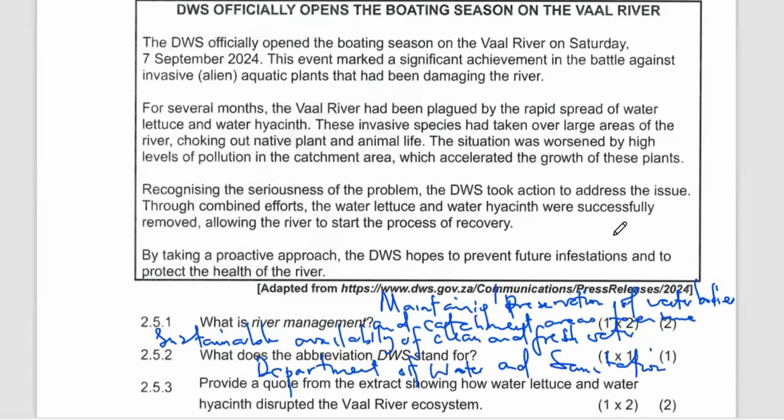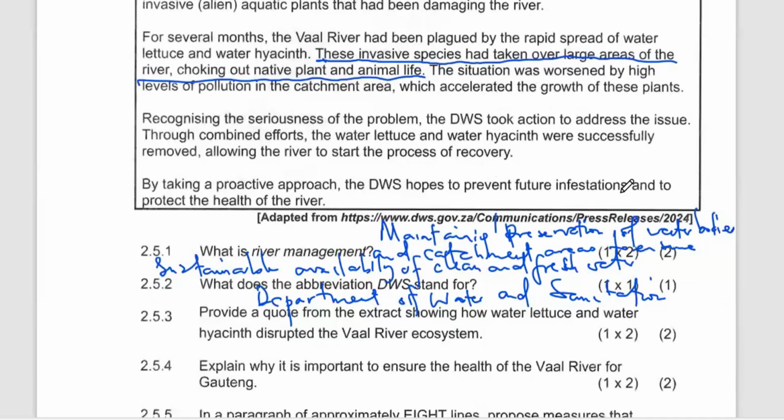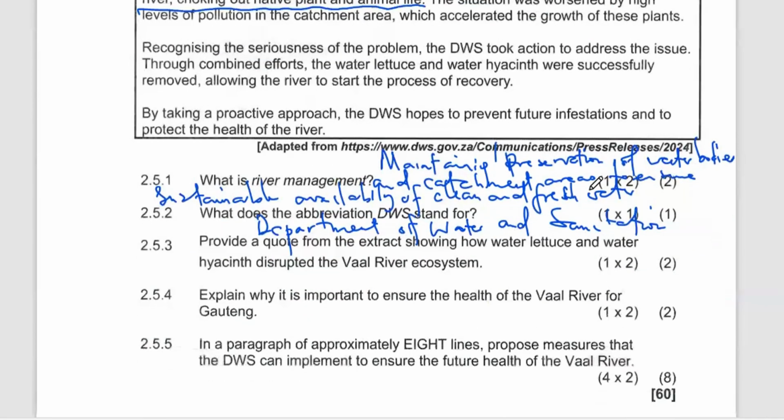It says, "For several months, the Vaal River had been plagued by a rapid spread of water lettuce and water hyacinth. These invasive species had taken over large areas of the river, choking out native plants and animal life." So that is the implication: they have disrupted the Vaal ecosystem.